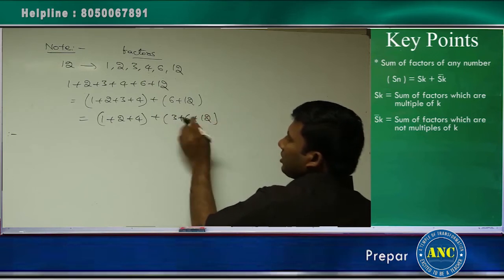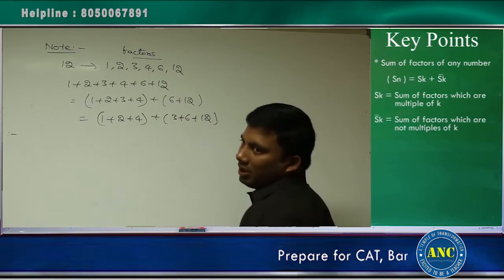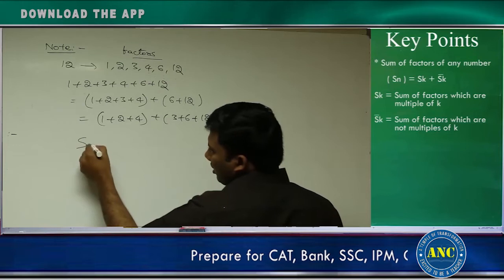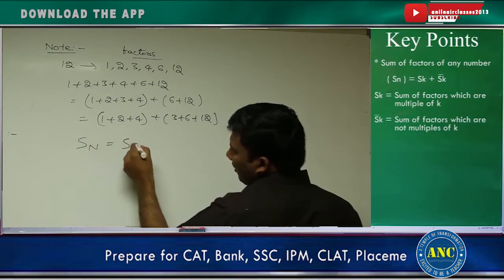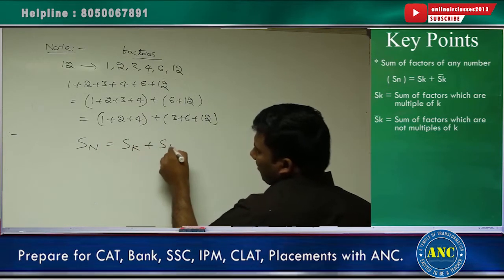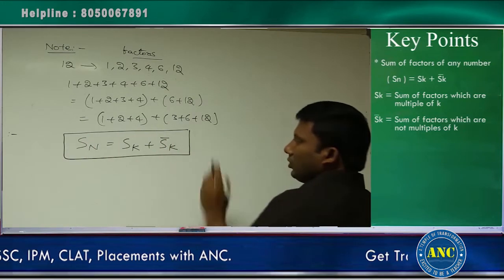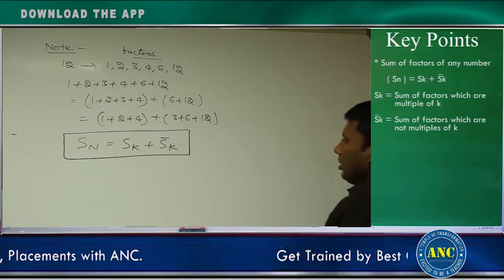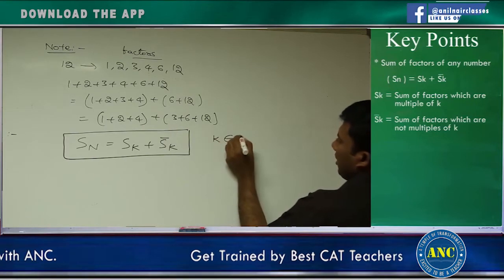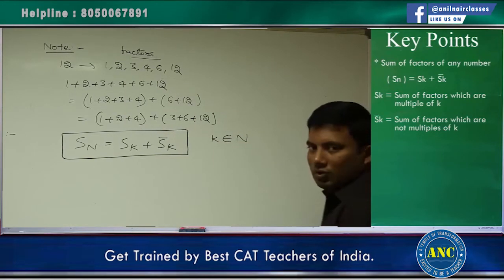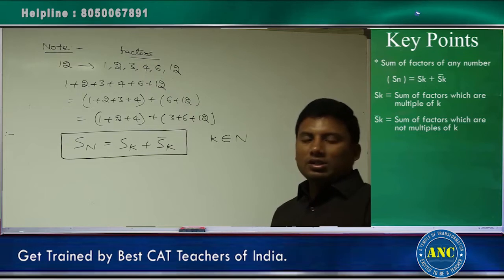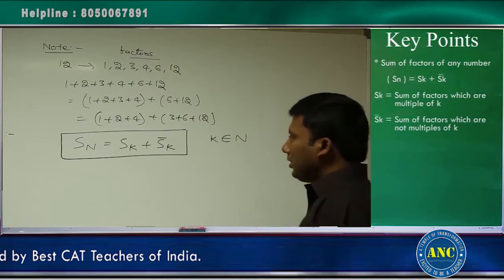These are multiples of 3. These are non-multiples of 3. That means sum of the factors for any number is Sk plus Sk bar. Sn equivalent to Sk plus Sk bar.